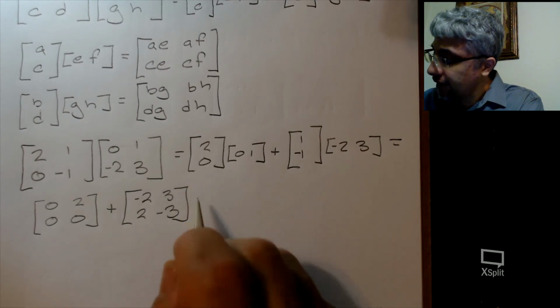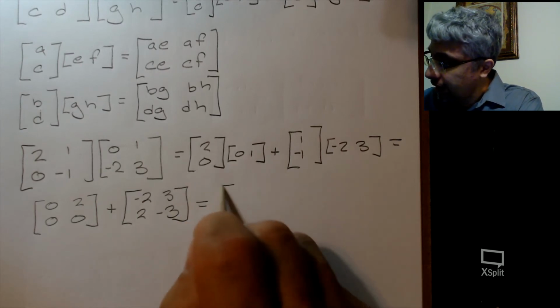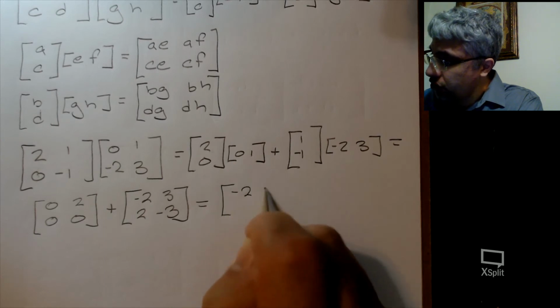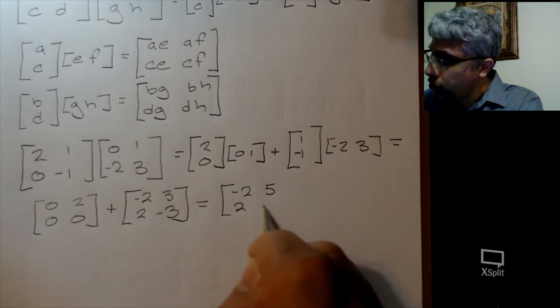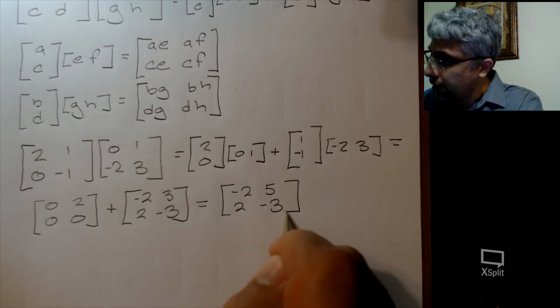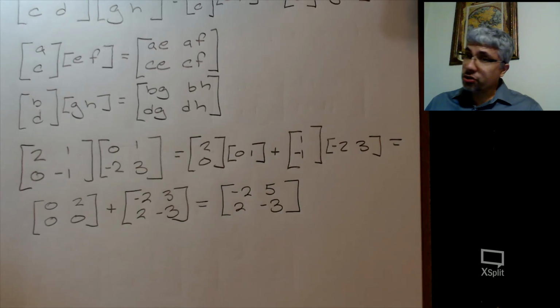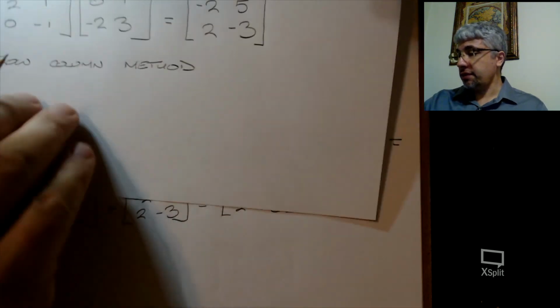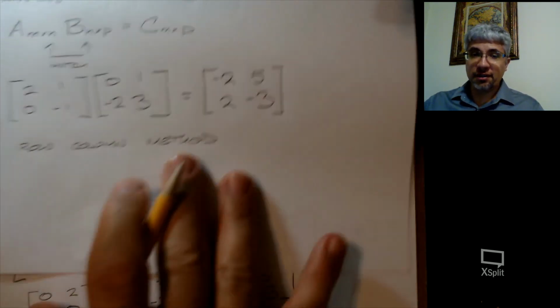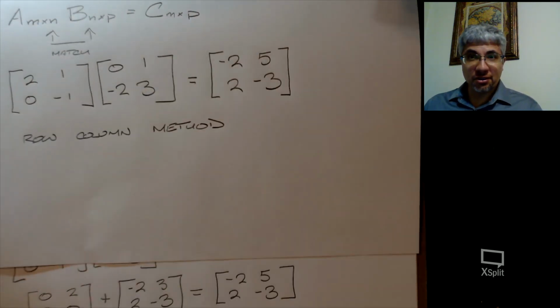And I put these together, and what do I get? I get minus 2, 5, 2, and minus 3. This really takes the same amount of steps when you think about it. We're going to have just as many multiplies and just as many sums. However, first of all, let me show you that it matches. Otherwise, you might not even consider doing it this way.